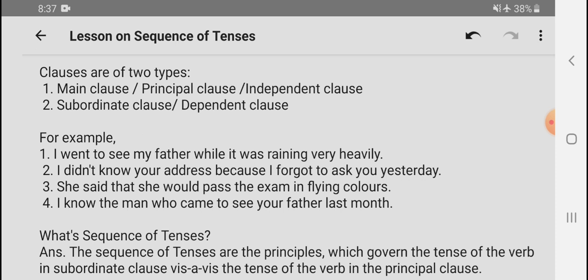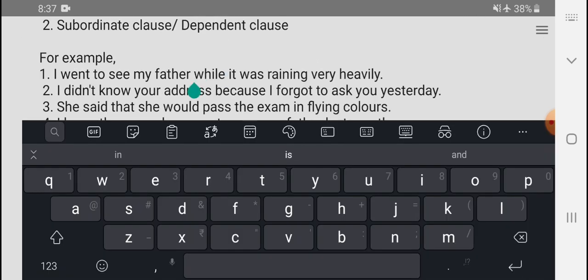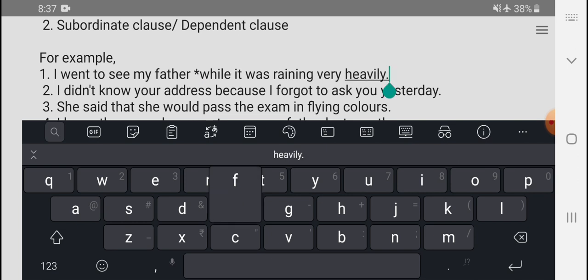It gives you a complete idea. But if you read the other portion, while it was raining very heavily, it seems like a part of another sentence, and it itself does not give you a clear idea. Hence this portion, while it was raining heavily, is your subordinate clause.